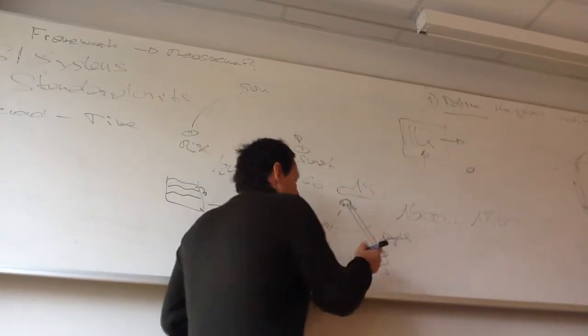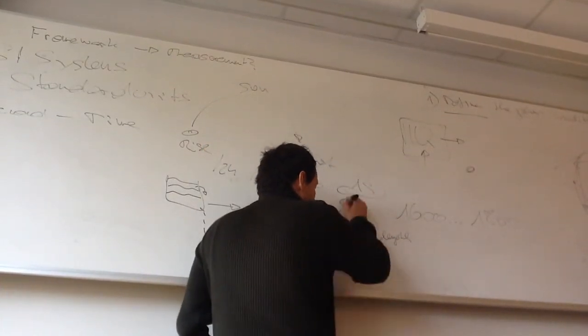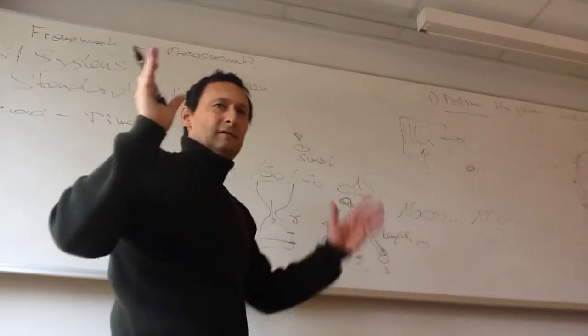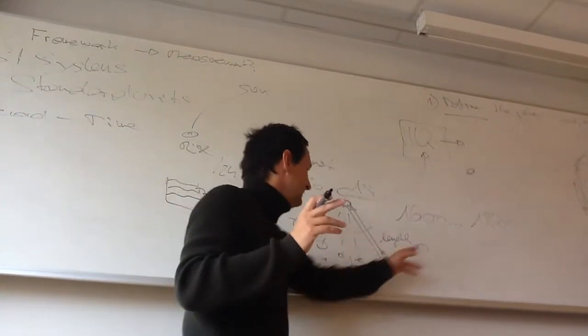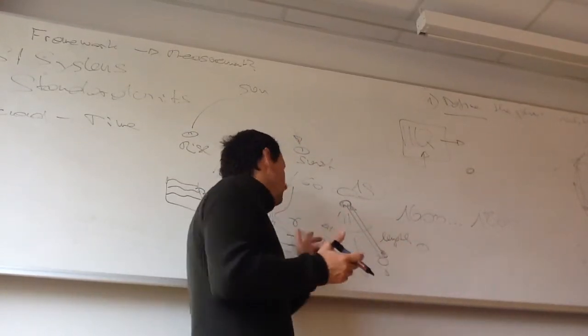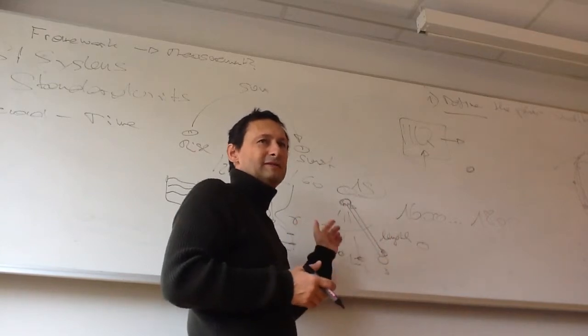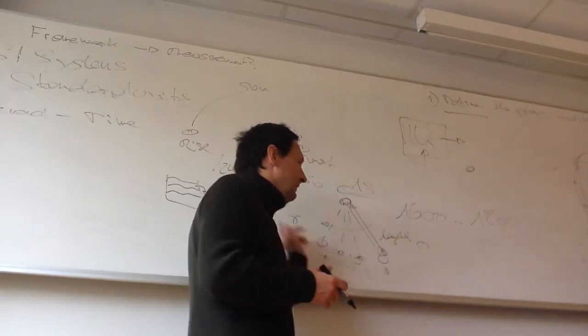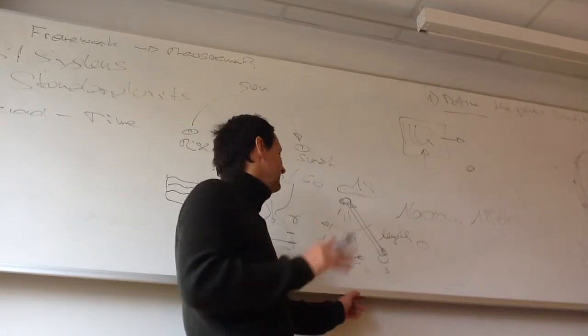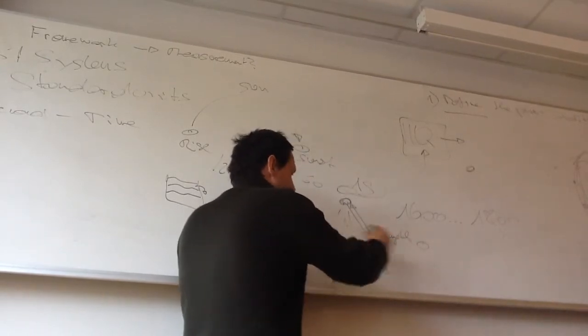So it doesn't make any change if you have that angle or that angle of pendulum movement. The period is just the same, but it's faster. But the frequency, the swings per second, will stay the same. So it's not depending on the elongation.